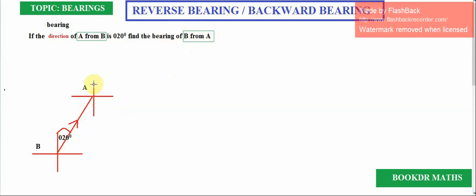So we are going to look for the value of this angle right from the north pole of A through the south pole up to this point. Remember that this is a three-digit bearing. That is why at the north pole, at A, we are taking the angle from the north in the clockwise direction up to the line.